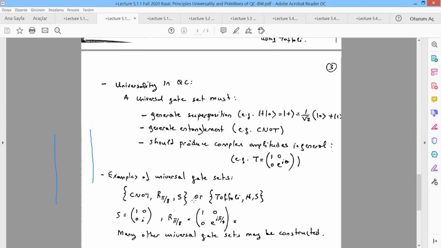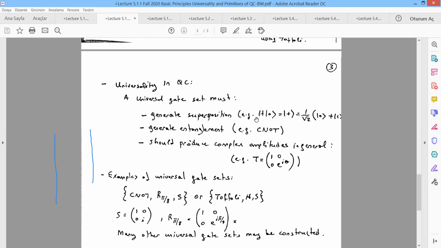So let's talk a little bit about universality in quantum computation. In other words, what kind of properties a universal set of gates must have. First of all, as we discussed, a universal set of gates must be able to generate superposition, because this is an important property of quantum systems.